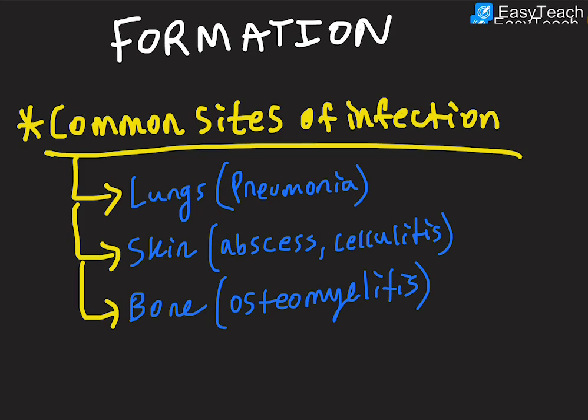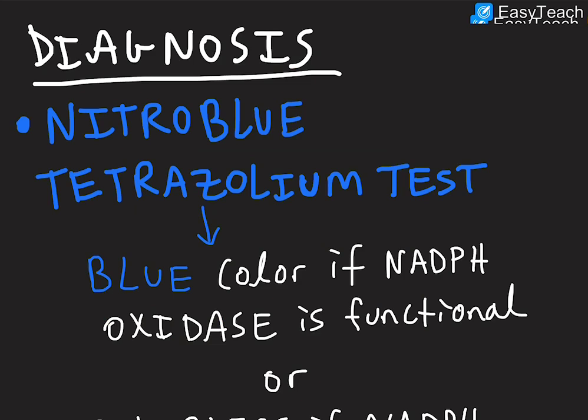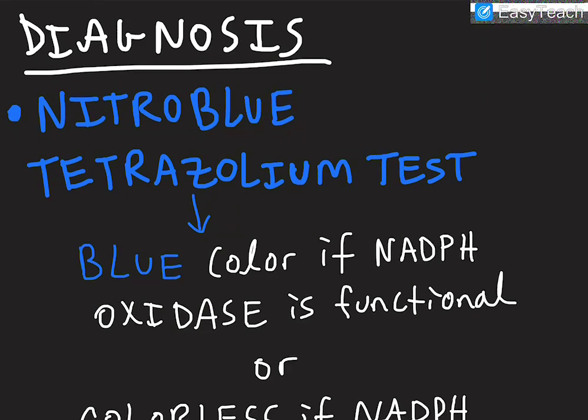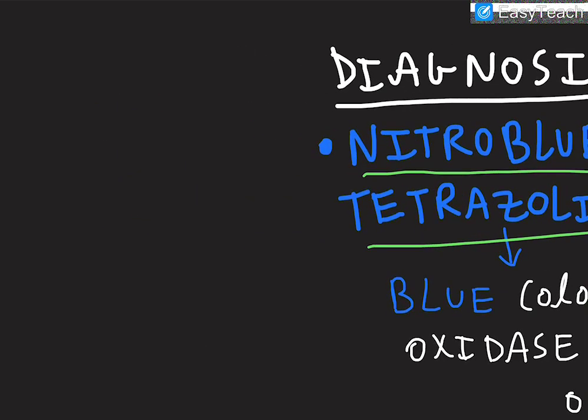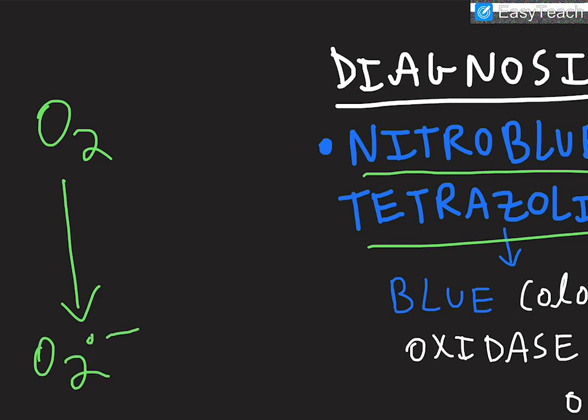The last thing to talk about for chronic granulomatous disease is the diagnosis. So when talking about the diagnosis for chronic granulomatous disease, we have to focus on the nitro blue tetrazolium test. Now, what is this test testing, right? It's testing the first step of our reactive oxygen species pathway, which is the oxidative burst step, where we took oxygen and we converted that to superoxide via NADPH oxidase, remember?